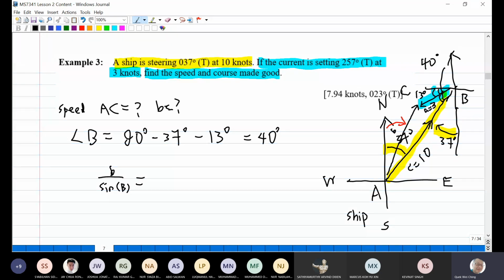B over sine B is equal to, okay, I think I need B. I know A already, it's 3. Okay, so C is 10. So B I don't know, C is 10.